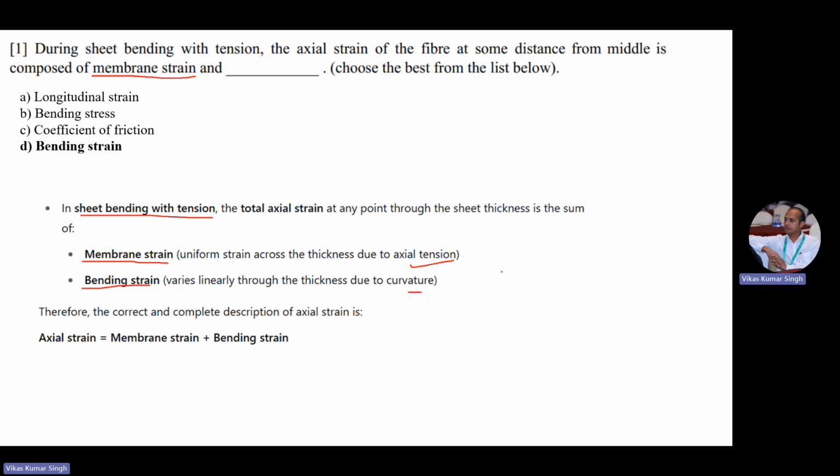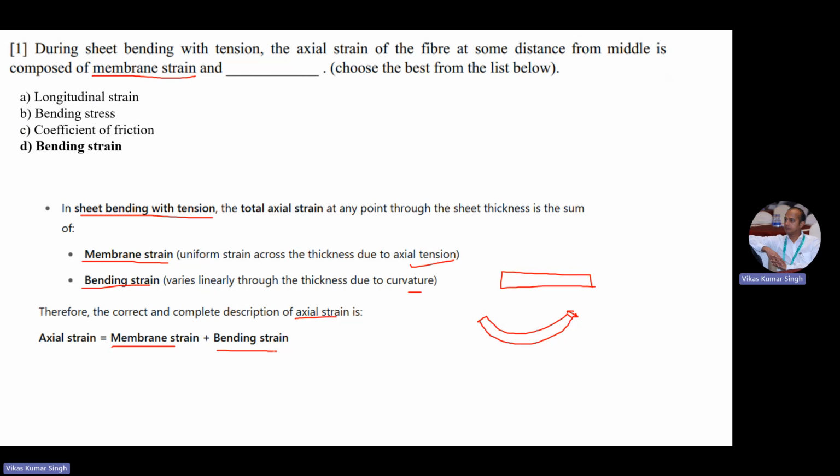Suppose you have a sheet like this and you are bending it like this; throughout this thickness, your bending strain will change. Therefore, the correct and complete description of the axial strain is the sum of membrane and bending strain.